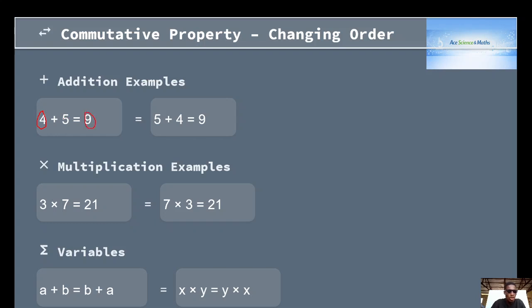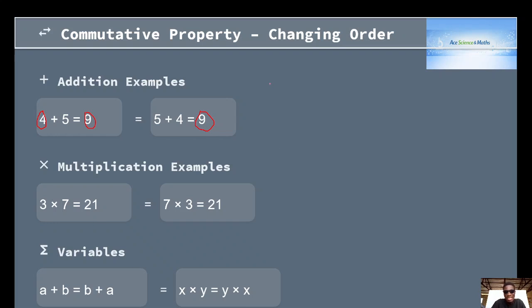The same thing, when you change the 4 and the 5, it doesn't change the answer. So 5 plus 4 is still 9. It does not change. And the same way multiplication, 3 times 7 gives us 21. So when you change it, 7 times 3, it's still 21. It doesn't change. This is what we are talking about as commutative property.